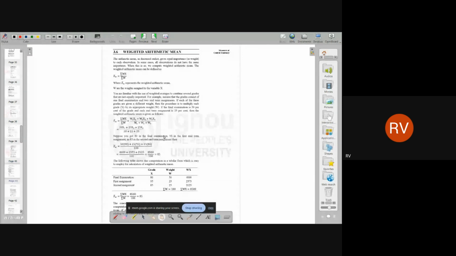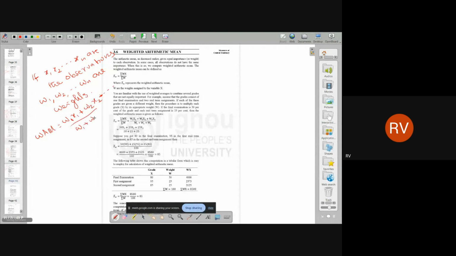Then next, weighted arithmetic mean. If x1, x2, etc., xn are the observations, or the mid values, and W1, W2, etc., Wn are the weights, then the weighted arithmetic mean is equal to (W1 x1 plus W2 x2 plus etc.) divided by (W1 plus W2 plus etc.).